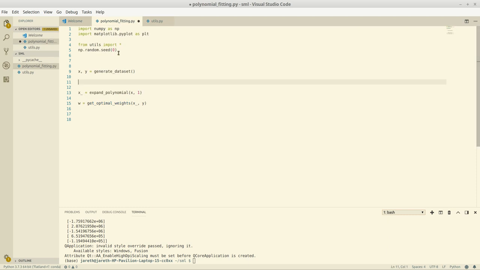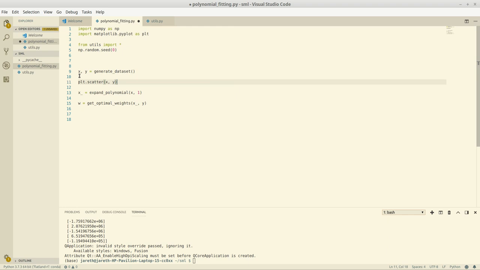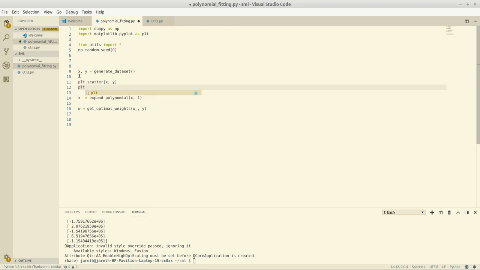First of all, we have a data set where x is our features and y is our target. So let us plot this data set first. plt.scatter(x, y), and let's show what it looks like with plt.show.